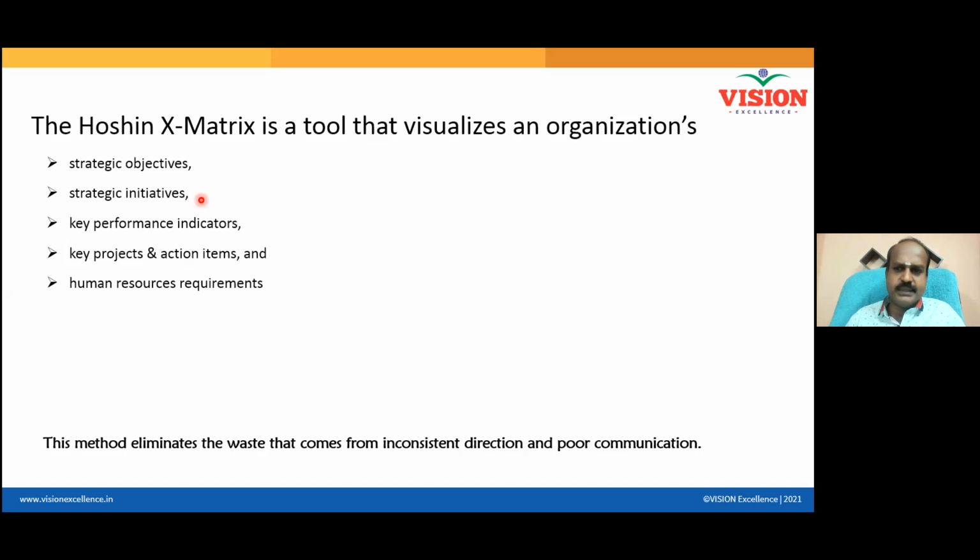So certain initiatives I will be doing, and then I will create some indicators called key performance indicators, right? And then I will be identifying certain improvement projects, and then I will allocate the appropriate human resources for that. So these are the things you will be able to understand by creating a Hoshin X matrix.